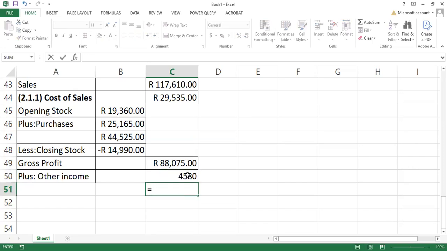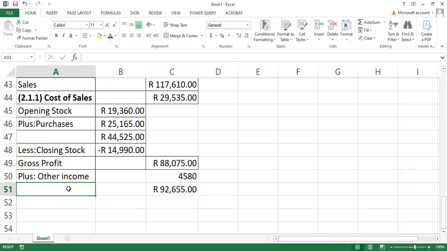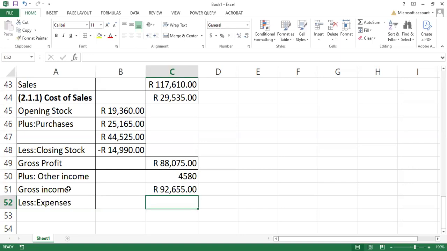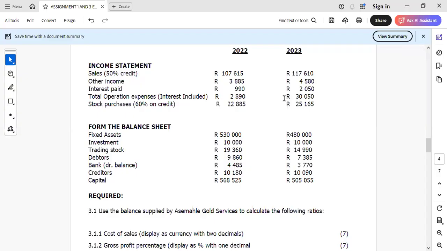Then we add this plus that. It will give us gross income. I hope you know your income statement, eh? Then you say less expenses. So our expenses, we go there, we check our expenses. Our expenses is 30,050.